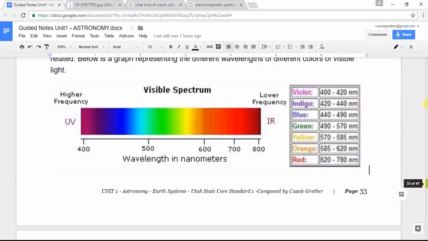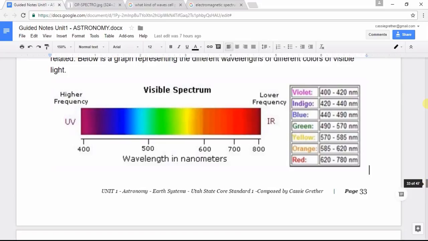Now, one last note about people with glasses. If you have glasses on, the best thing to do is look at the spectroscope under your glasses, or take your glasses off if you can see well enough like that. If you don't, you're pretty much going to see only rainbows. Hopefully your vision is clear enough where you're going to be able to see approximately where these lines are. A lot of times when I've had people with glasses try to do this lab, they try to look through the glasses with the actual spectroscope, and all they see for some reason is just a bunch of rainbows.